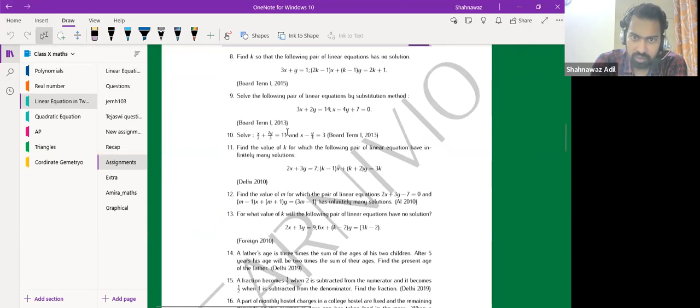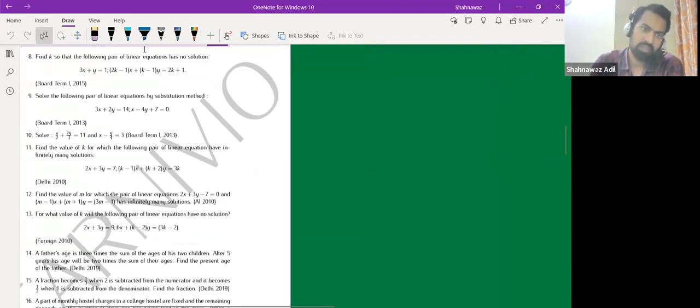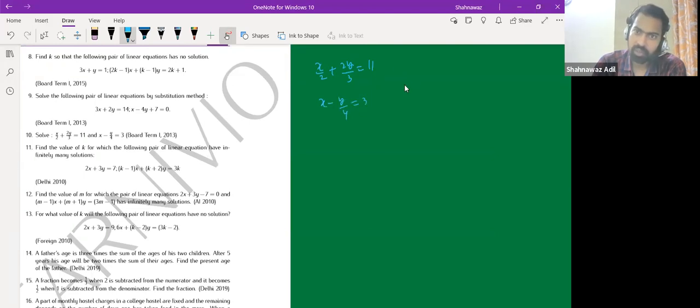Okay, so we have to simplify these, and then we can talk about the solution. So we have x by 2 plus 2y by 3 equal to 11, and the other equation is x minus y by 4 equal to 3.